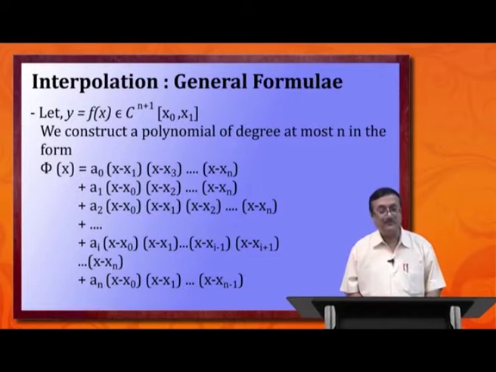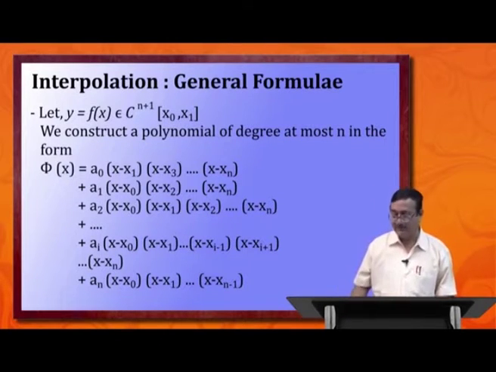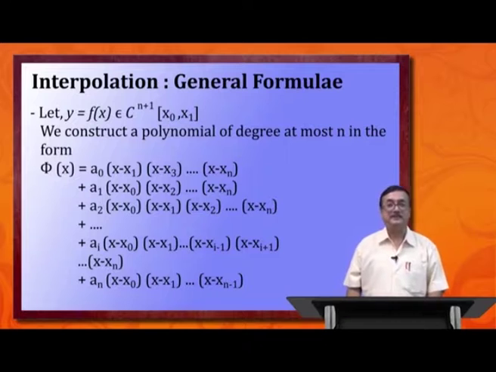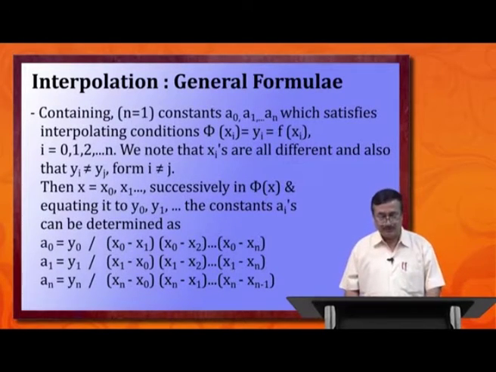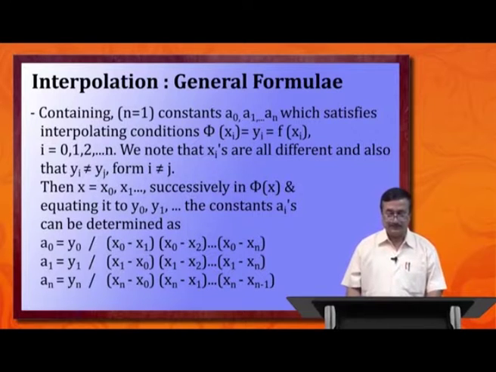So we construct a polynomial of degree at most n in the form given in phi(x). Phi(x) contains the unknown coefficients a0, a1, a2 up to an, so the total number of unknown coefficients is n plus 1. Now, these n plus 1 unknown coefficients will be determined by satisfying the interpolating condition phi(xi) equal to yi, i equal to 0 to n.